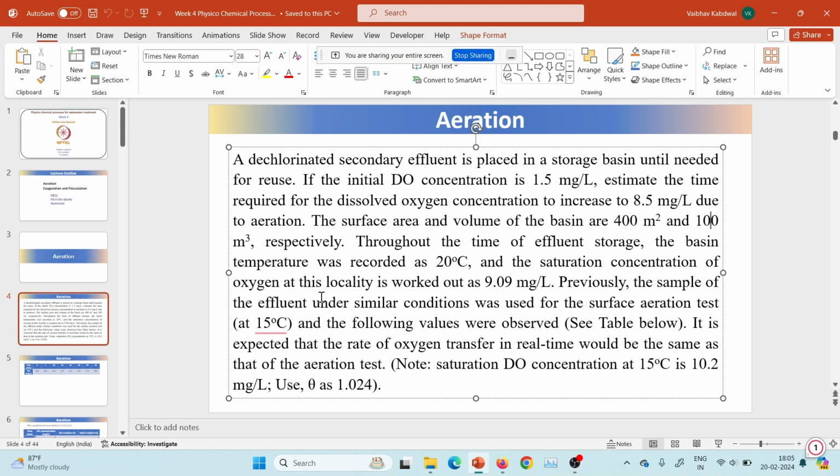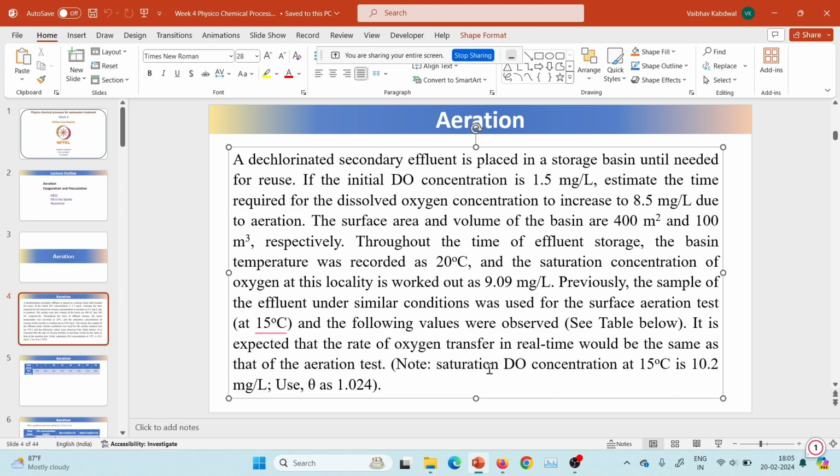Previously, a sample of effluent under similar condition was used for the surface aeration test at 15 degrees Celsius, and the following values were observed. See the table below, that will be in the next slide. It is expected that the rate of oxygen transfer in real time would be the same as that of the aeration test.